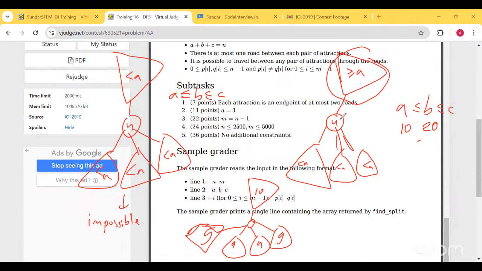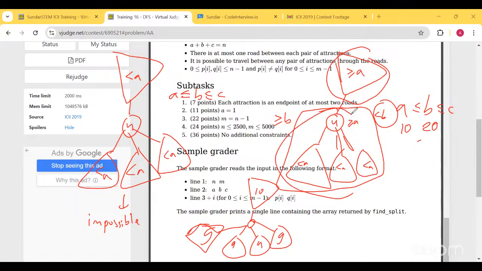Wait, or check this. Is this greater than or equal to B or less than B? If this subtree is greater than or equal to B, then just choose B from here and choose A from here. But what if it is less than B? We know this node is greater than or equal to A, right? Because we found such a node U that satisfies this.